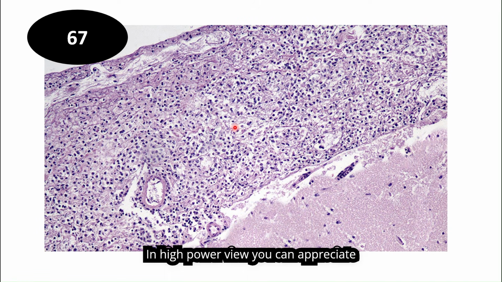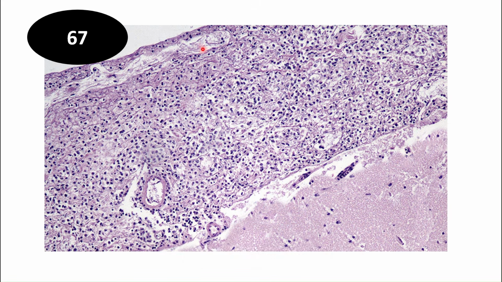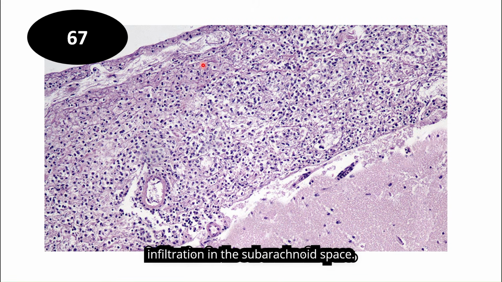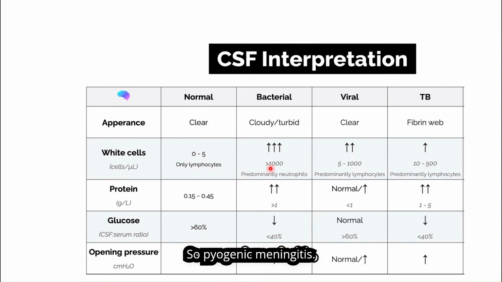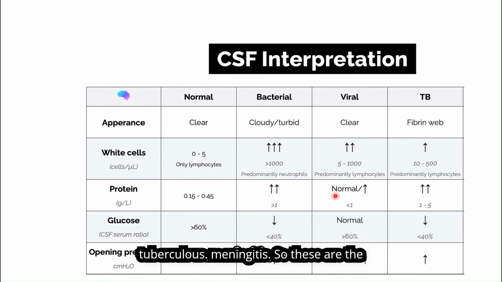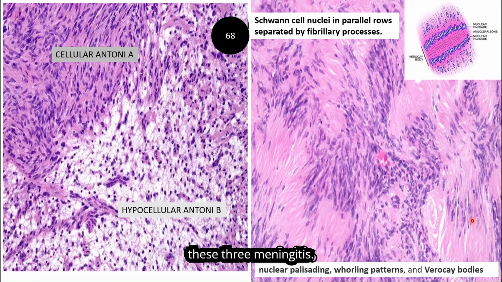In high power view, you can appreciate large band of polymorphic infiltration in the subarachnoid space. So pyogenic meningitis. In exam you can be asked about differentiating points between pyogenic, viral and tuberculous meningitis. So these are the features for differentiating these three meningitis.